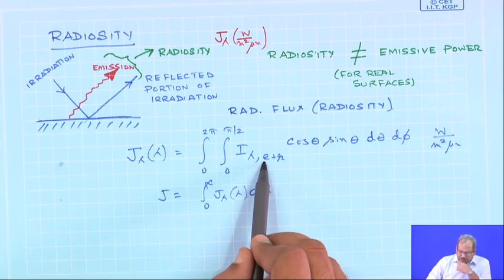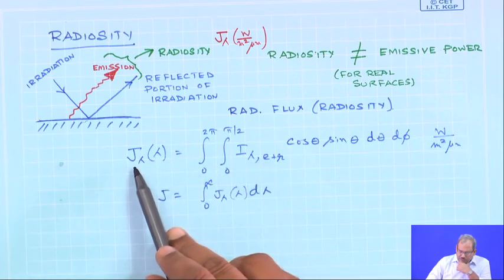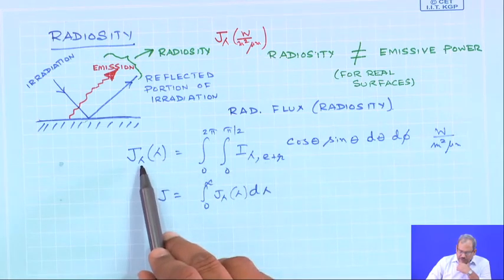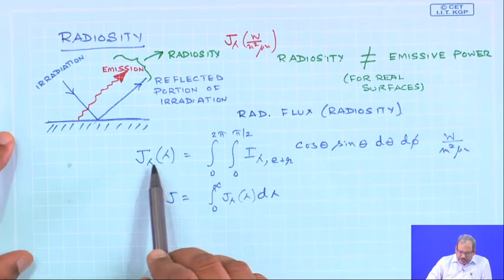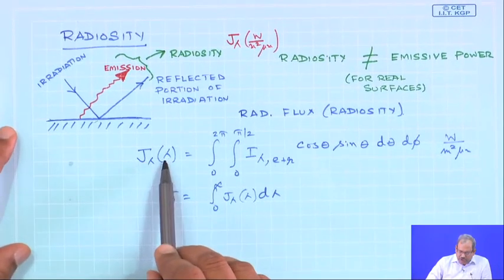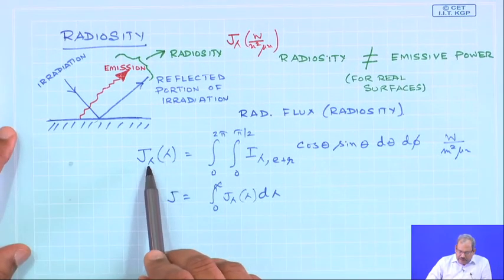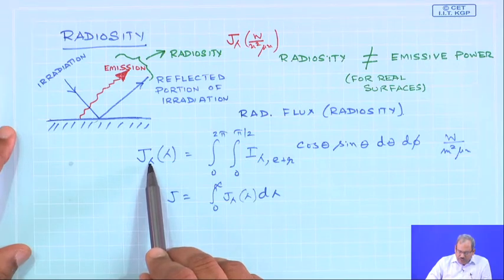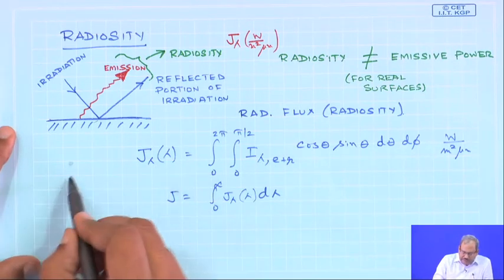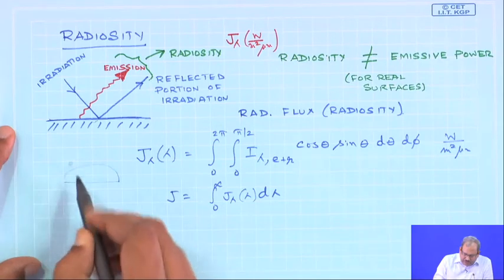From this, I would like to convert this to spectral only. So, I need to take care of the direction part over here, and as we have done before, this J lambda should denote the radiosity of a surface of unit area when it is placed at the center of a hemisphere.